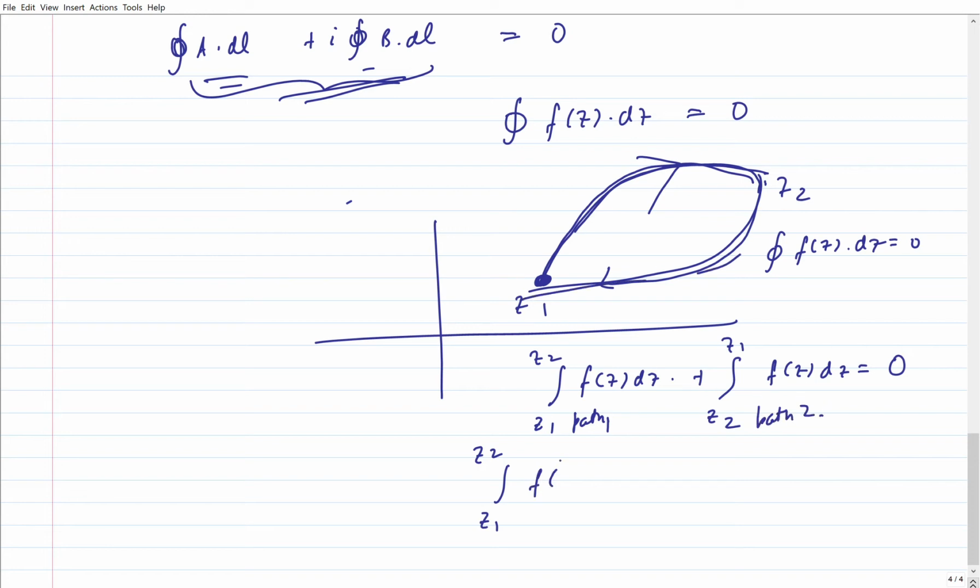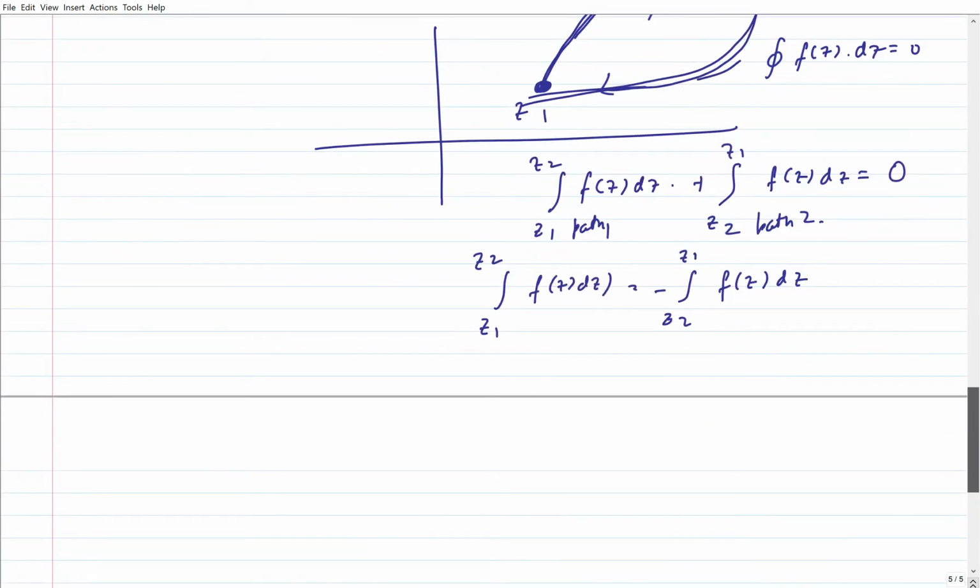So I have fz dz is equals to z2 minus z2 to z1, this integral, but I can always write this guy as z1, z2, fz dz over path 1. Just interchanging the limits again, I get rid of the negative sign, I get fz dz. So this is path 2.